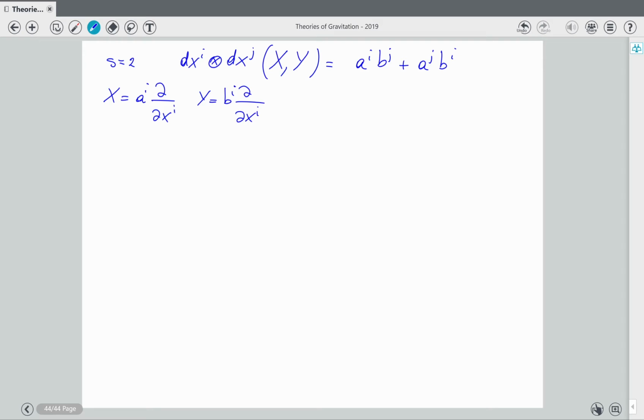So if you have a 2 form, like we will see the metric, with the coefficient gij divided by 2, because we want now to use this notation, this must be symmetric, and so you have gij ai bj.